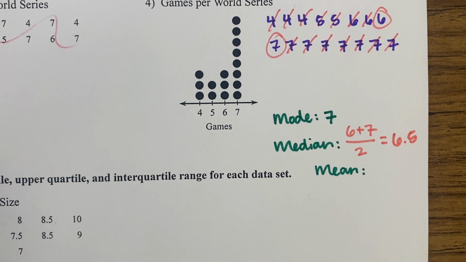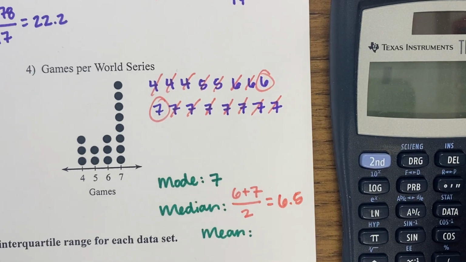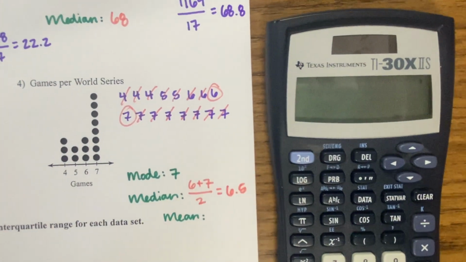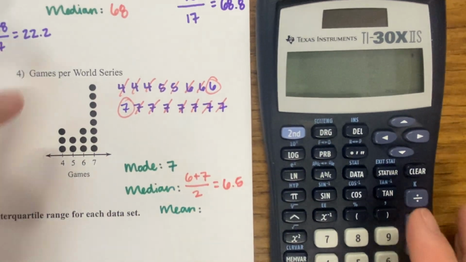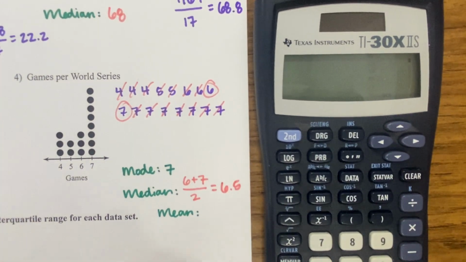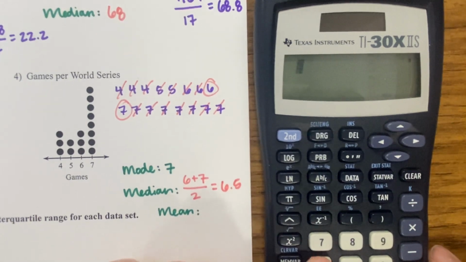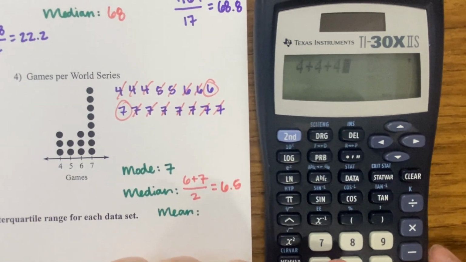Okay, now we find our mean. Okay, so I'm going to zoom out again so you can see my calculator. I'm going to add all of these guys up. Sorry, that was a little shaky. Add all of these guys up and divide it by how many I have. So I have 3 4s, 2 5s, 3 6s, and 8 7s.